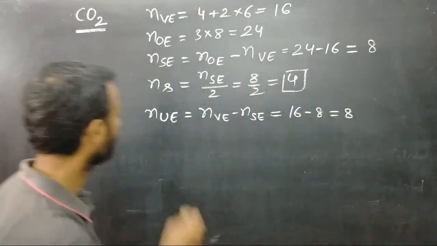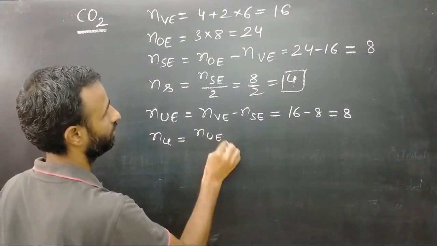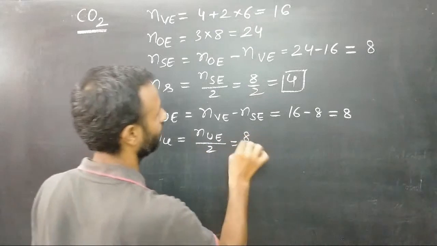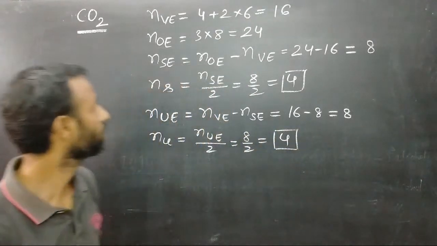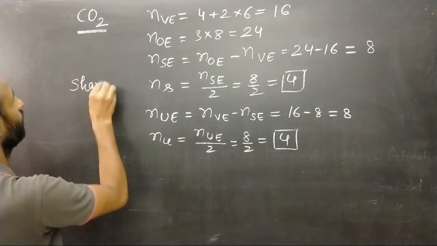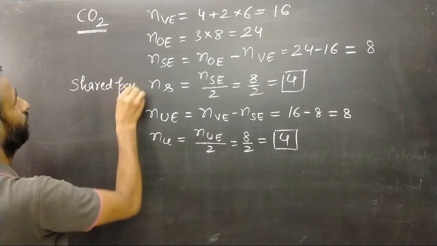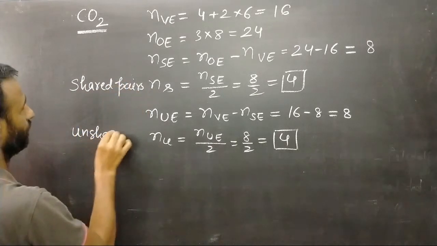So 8 unshared electrons, divided by 2, that is 4. So 4 shared pairs and 4 unshared pairs, right?